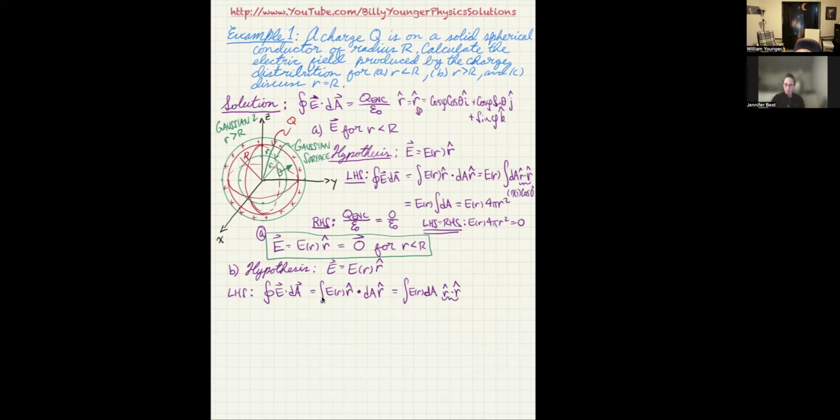Again, this is just going to be 1 times the cosine of 0 degrees, which is just equal to 1 again. And since we're integrating on a sphere of radius little r, E of little r is a constant and can be drawn out in front. And then we just have the integral of dA over a sphere.